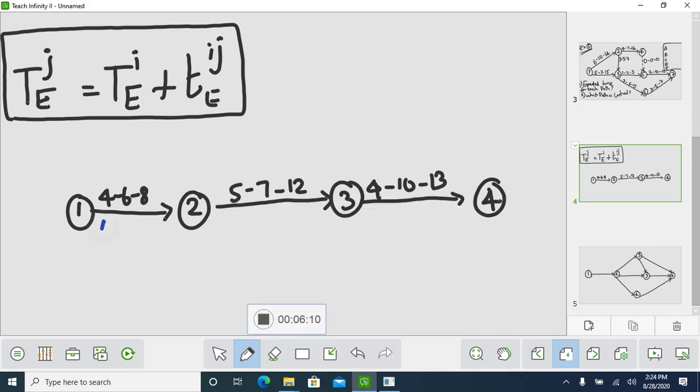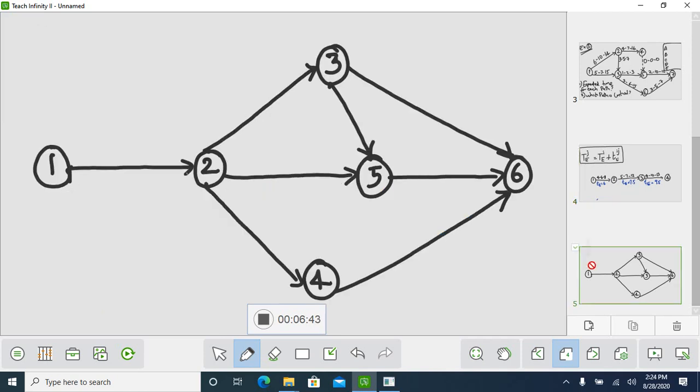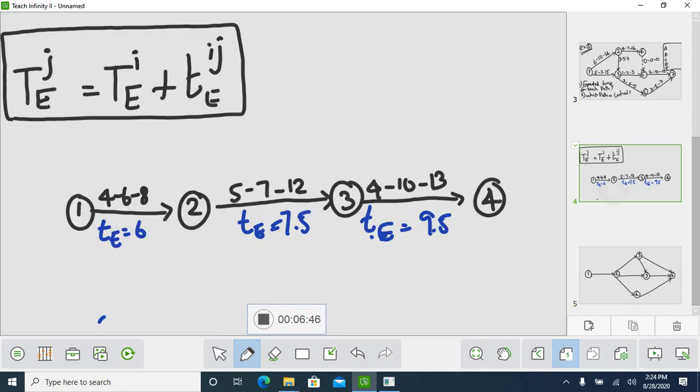If you calculate using the expected time formula, this te value will be 6, here te value will be 7.5, and here te value will be 9.5. As per the expected time formula using optimistic, pessimistic and most likely time, I hope you all remember that formula.